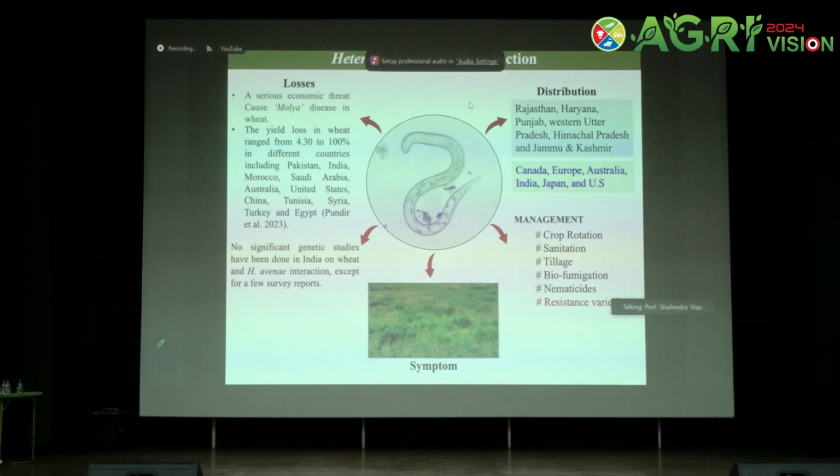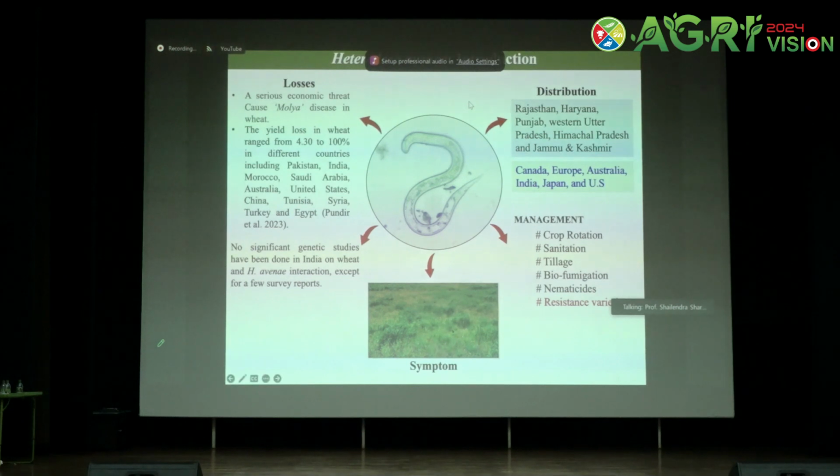There are no significant genetic studies on Heterodera avenae. For management, we can go for crop rotation, sanitation, tillage, biofumigation, nematicides. But the most eco-friendly and sustainable management is the development of resistant varieties. So I'm going to talk about the genetic research that we conducted on these nematodes.